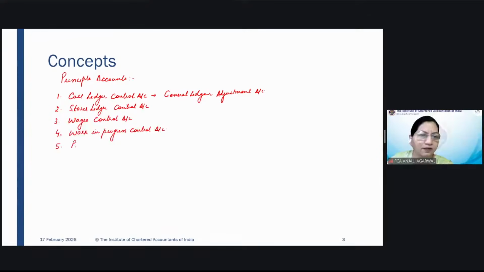Then you incur the production overheads, production, manufacturing, factory, or works overhead. So generally we will call it production overheads.